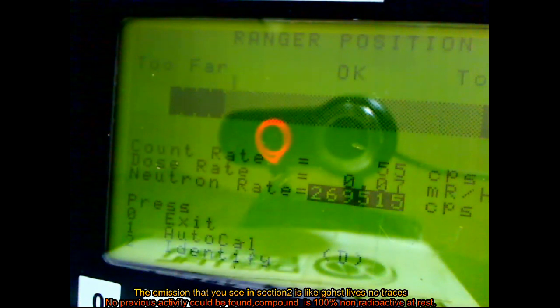Still not harmful. 158,000. Okay, there is your proof, guys.